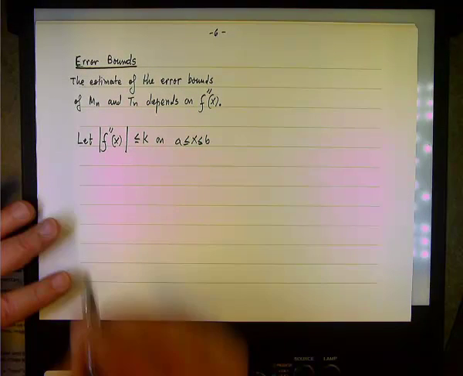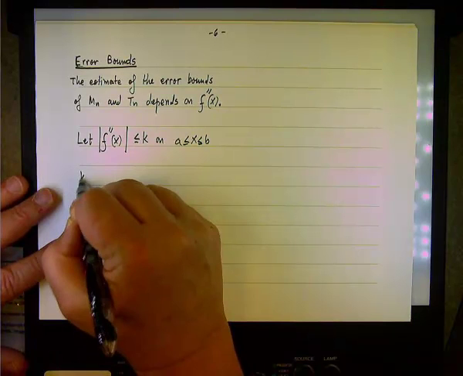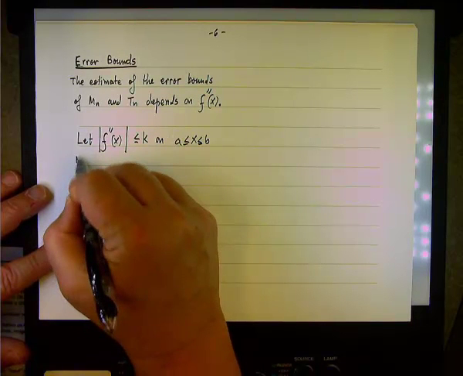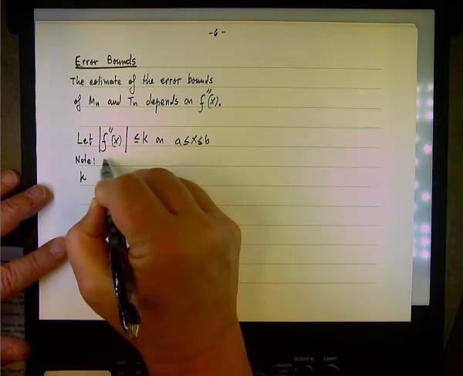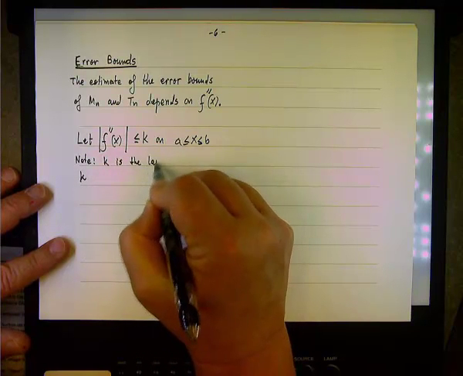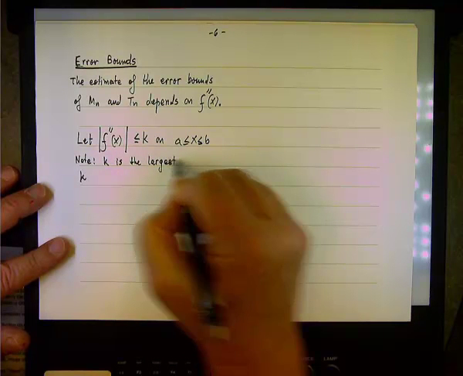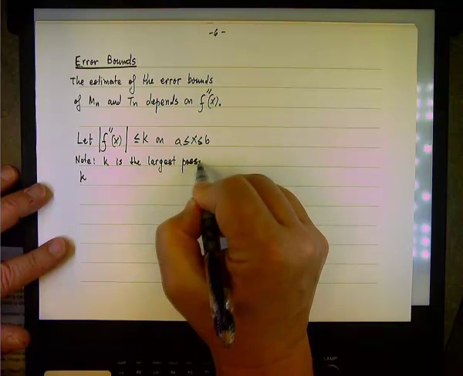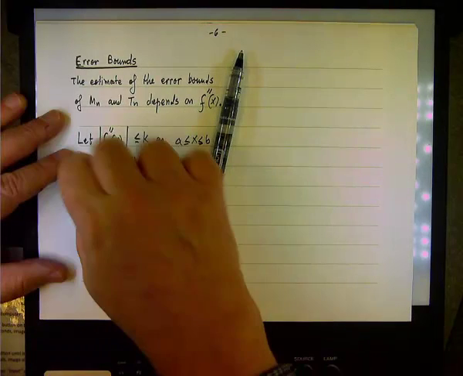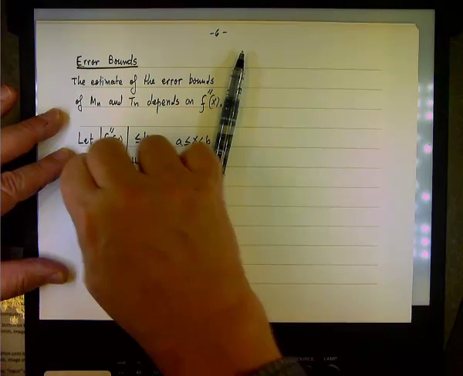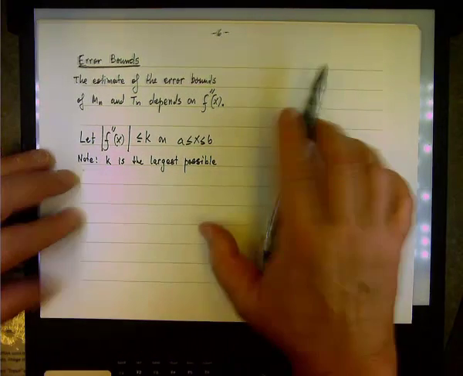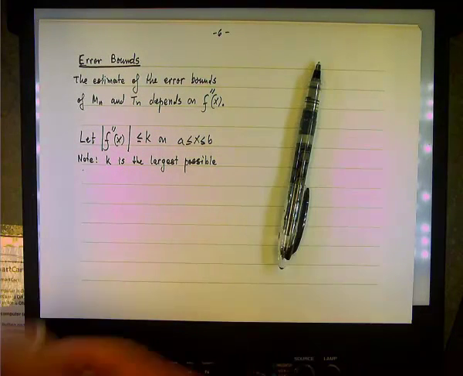So k, this is a note here, k is the largest possible value. Actually, k is greater than the largest.